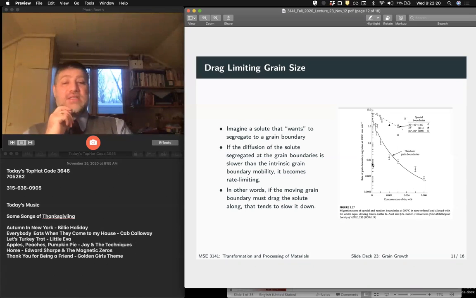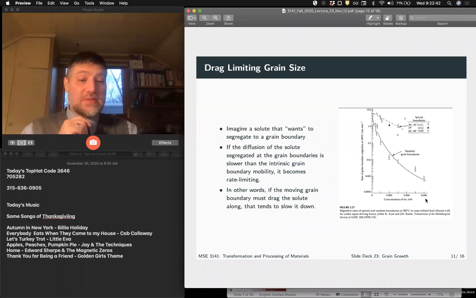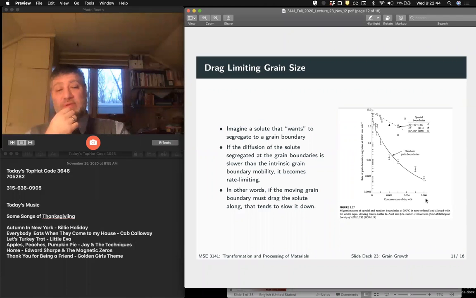And we can see this here. This is lead, and we can look at the grain boundary velocity as a function of the concentration of tin in solution. And we see that it doesn't take a huge amount of tin, right? 0.6 weight percent.